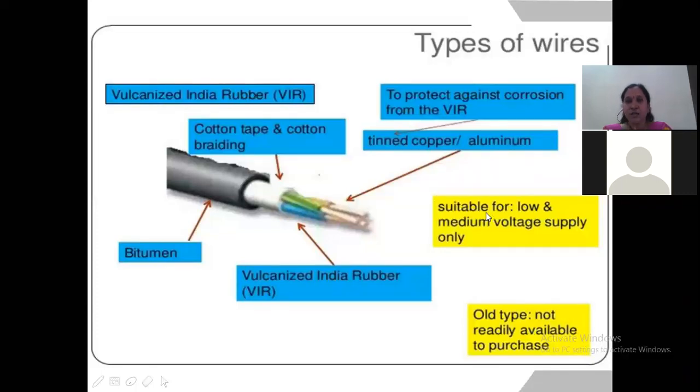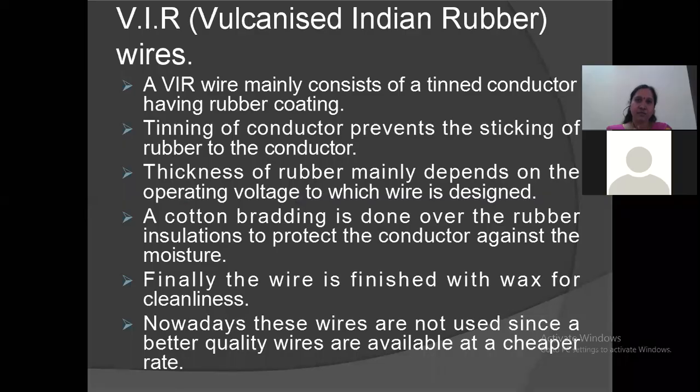These VIR wires are suitable for low and medium voltage supplies only, not the higher voltage supplies. They have already become outdated, old type, not readily available for purchase now. Vulcanized Indian rubber wires mainly consist of a tinned conductor having rubber coating. Tinning of the conductor prevents the sticking of the rubber to the conductor.